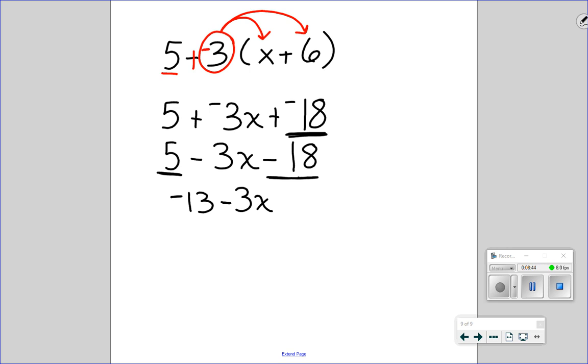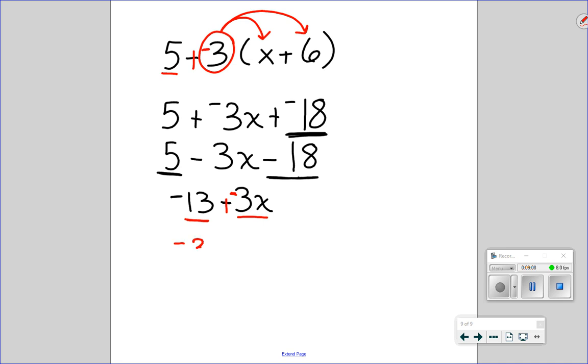And typically in these expressions, we want to put our terms that have a variable first. So I actually want to reorder this, and I can't reorder with subtraction, so I'm going to do keep, change, change again to keep this a little bit simpler. That way it's addition. So I basically have a negative 13 plus a negative 3x. So now that it's addition, I can switch the order because of the commutative property of addition.